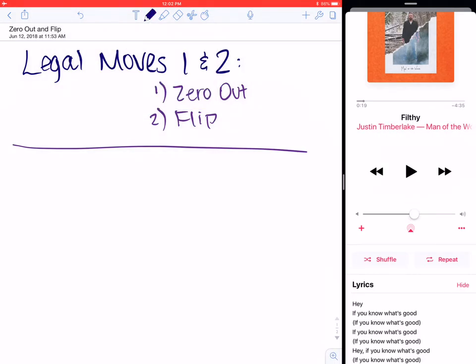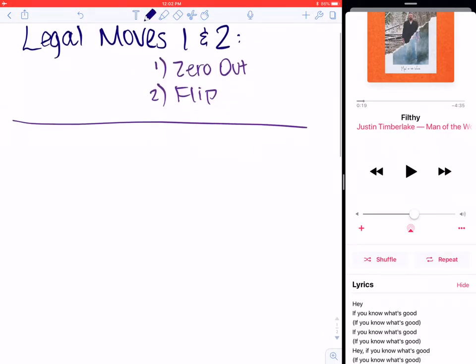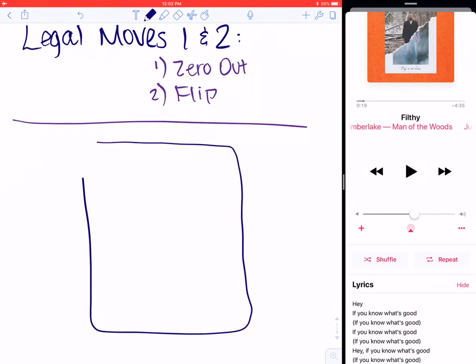All right. So we have learned how to use the equation mat, and we've learned how to zero out. The flip method is when we actually use the system where we put something in the negative side of the mat. So let's make an example. I'm just gonna use units.